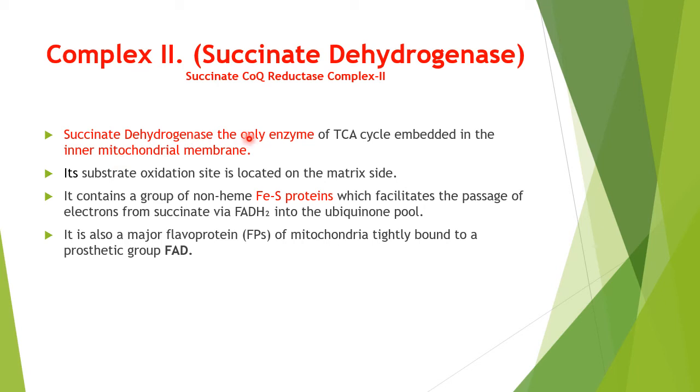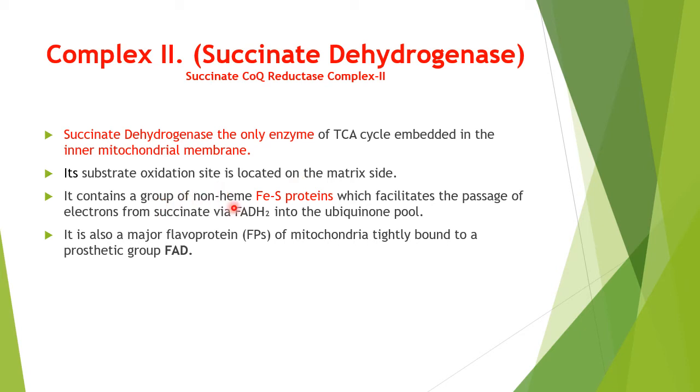Succinate dehydrogenase is the only enzyme in the TCA cycle which is embedded in the inner mitochondrial membrane. So it's present within the inner membrane of the mitochondria, and its substrate oxidation site is located on the matrix side.